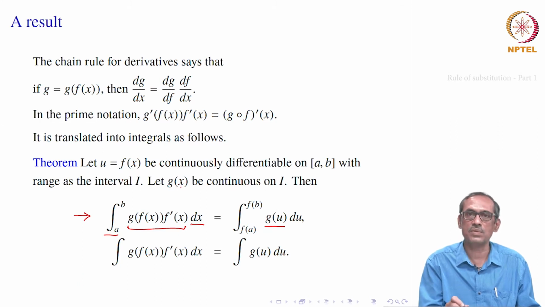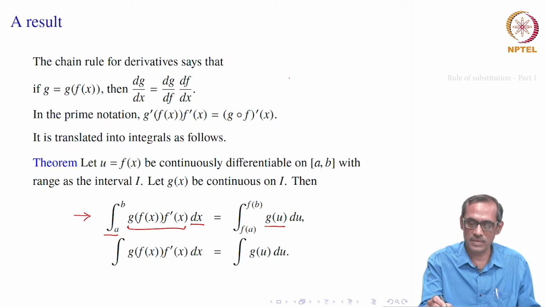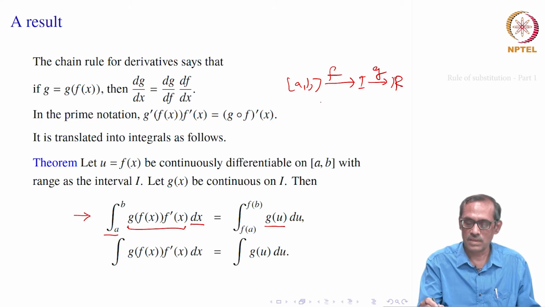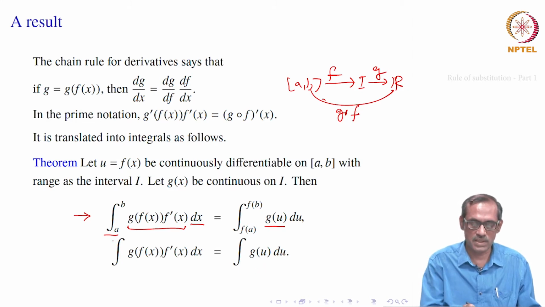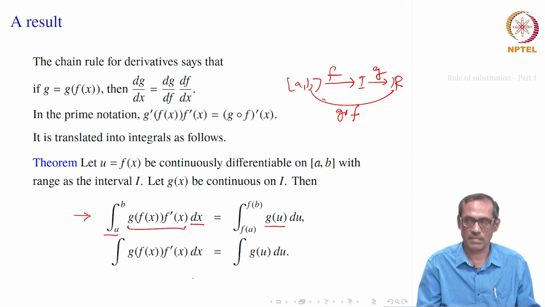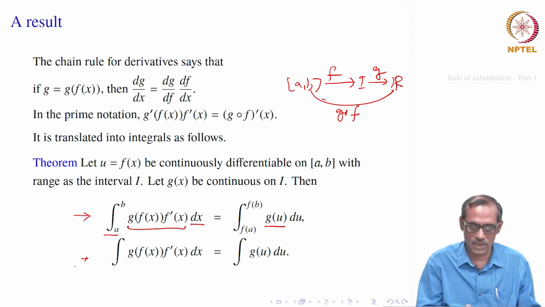Now, suppose g is also continuous on I. So, that means you have f that takes a b to I and then I is taken to R by g. So, your composite function g of f is defined from a b to R. Now, it says what happens to the a b integral in terms of g of u. Let us look at the second one, that will be easier to see.